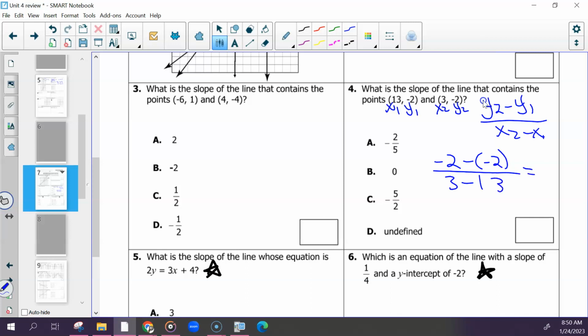What happens in our numerator? We get 0. So it really doesn't matter what the denominator is. You can still do it, but our answer is going to be 0 no matter what.